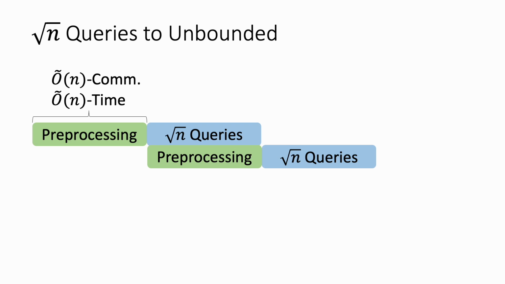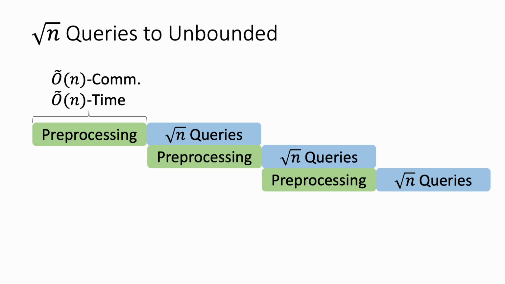More importantly, we amortize the preprocessing of the second instance during the first one's online phase. Then you can keep stacking all the instances together, and after you finish the first square root n queries, you can immediately start the next square root n queries because you already finished the setup for them. So that's the idea here.